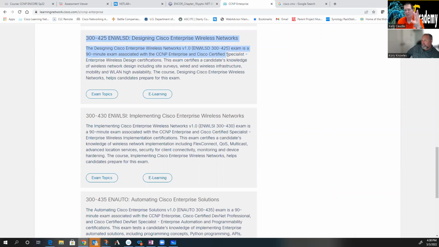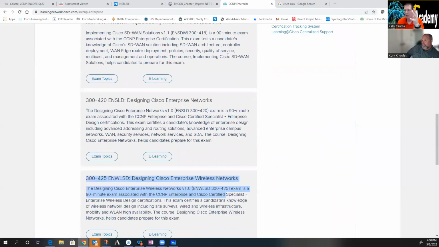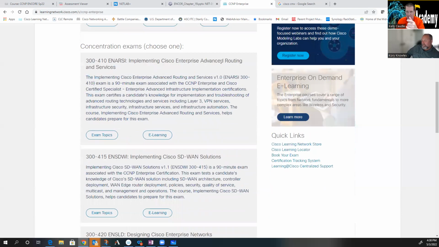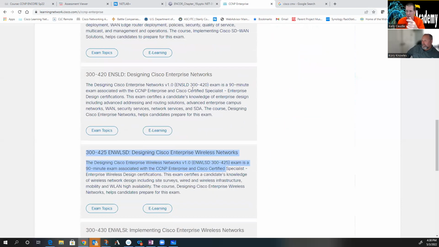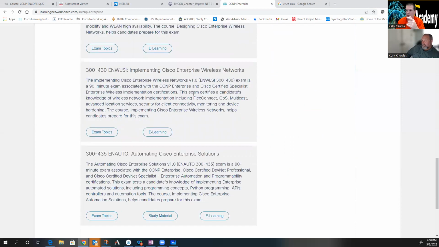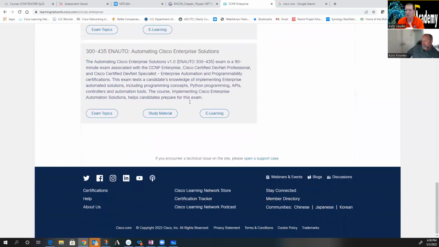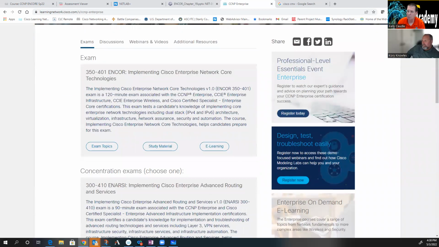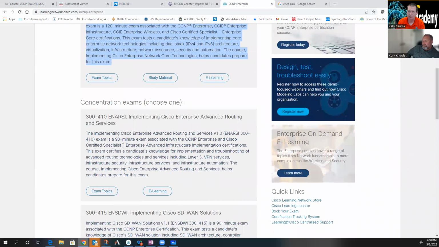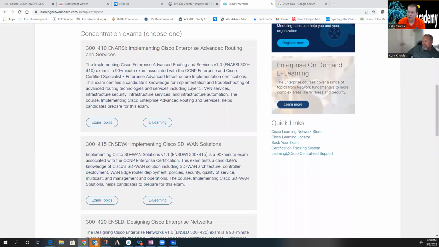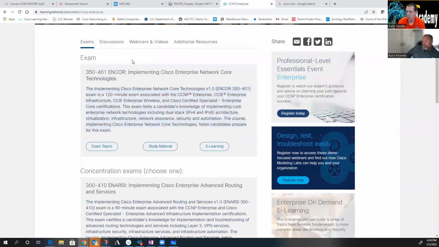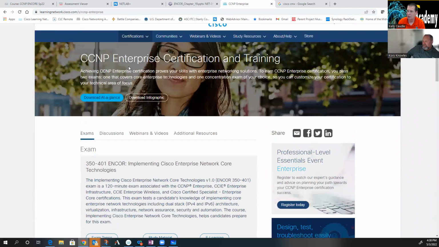And so that's why the base exam, this ENCOR, has routing, SD-WAN, enterprise, and wireless networks in it. It's trying to encompass all those items as a base exam before you move into your specialization, which is good and bad. Like I said, the bad news is, it is a $400 exam, which is extremely expensive.